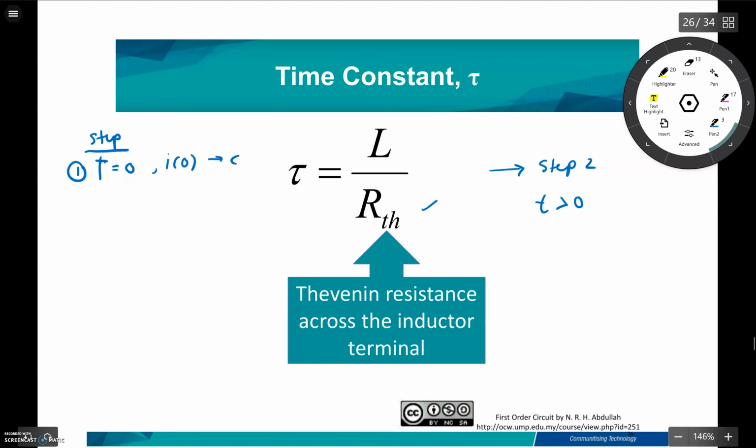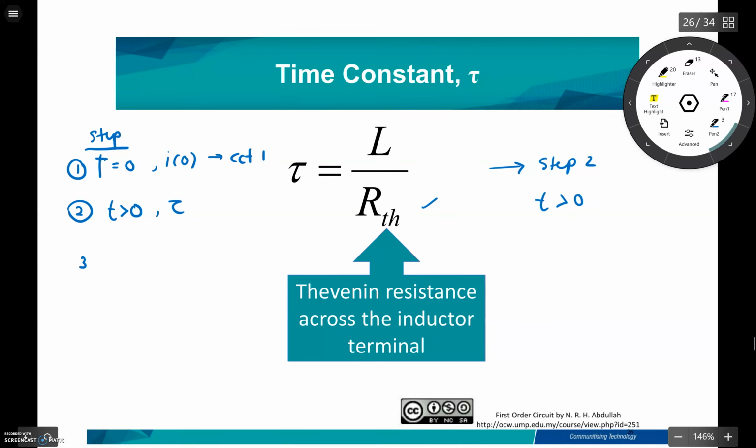There will be a circuit 1, and step number 2, when t is more than 0, here you can get the tau value, which is L over R Thevenin, and then the final step will be when t is equal to infinity, and then you can determine the I infinity.